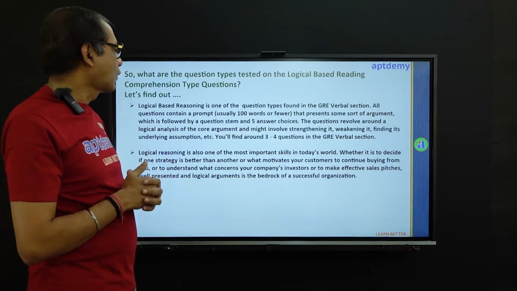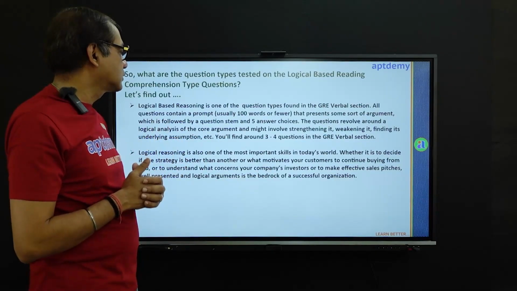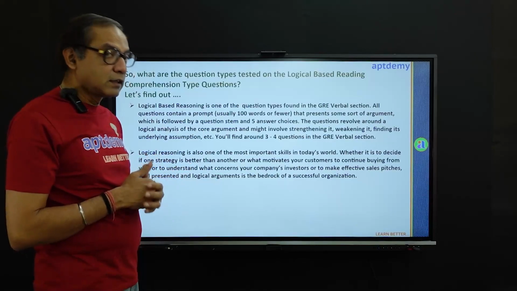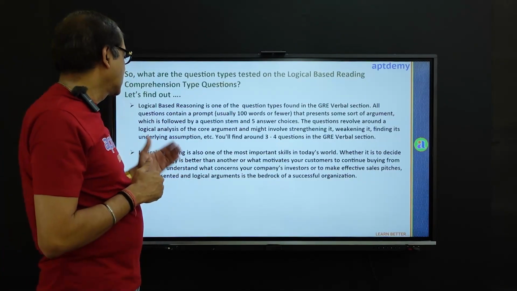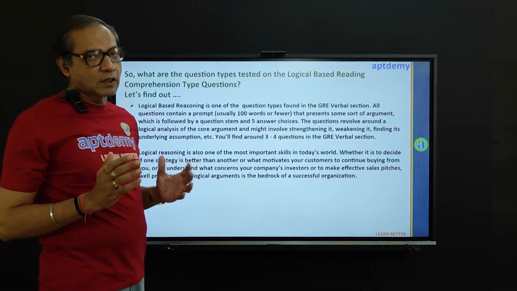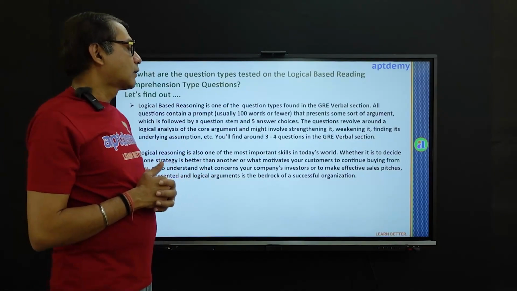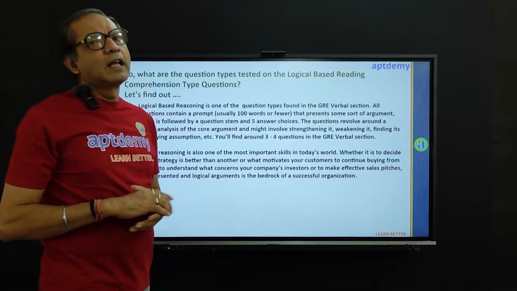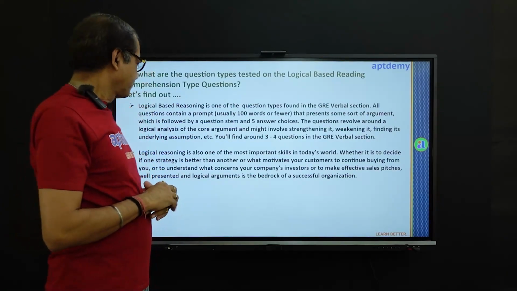The questions revolve around a logical analysis of the core argument and might involve strengthening it, weakening it, finding its underlying assumptions, etc. You will find around 3 to 4 questions in the GRE verbal section. That's what the frequency is.